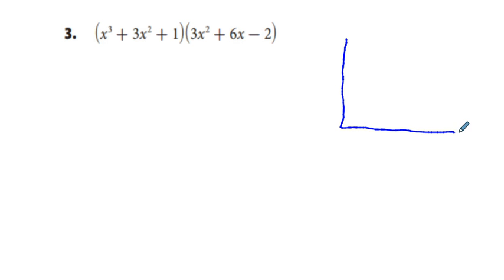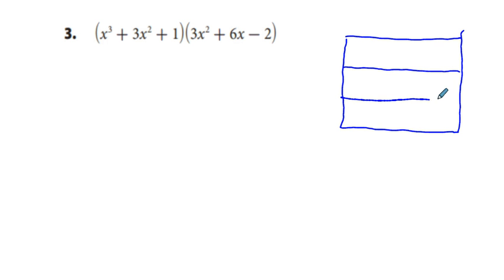So if you make a box, it's big enough to have 3 rows and 3 columns: 3 rows for one of the trinomials and 3 columns for the other trinomial. Messy looking there, but anyway, we put on top 3x squared plus 6x minus 2.